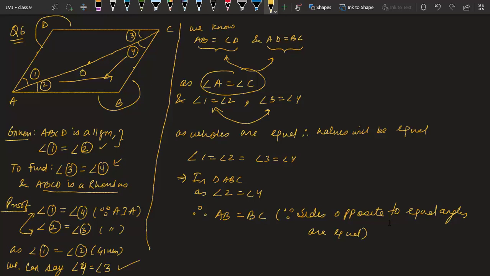So now we have said that all sides are equal and angles we already proved, so we can say ABCD is a rhombus as it is a parallelogram with all sides equal. That's it. Done. Now see question number 7.